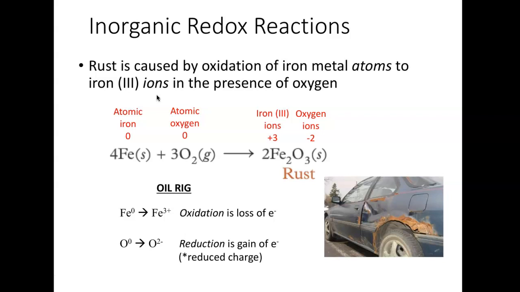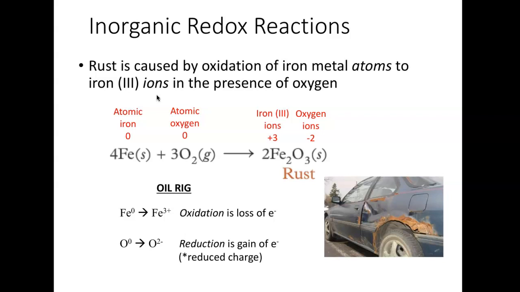So if we look at this progress of the reaction, that iron on the reactant side had a 0 charge, but on the product side it had a 3+ charge as part of this ionic compound. So its charge went up, all right, that's because it lost electrons, and that would mean that it got oxidized. The oxygen, on the other hand, had a 0 charge on the reactant side, but on the product side had a 2- charge.